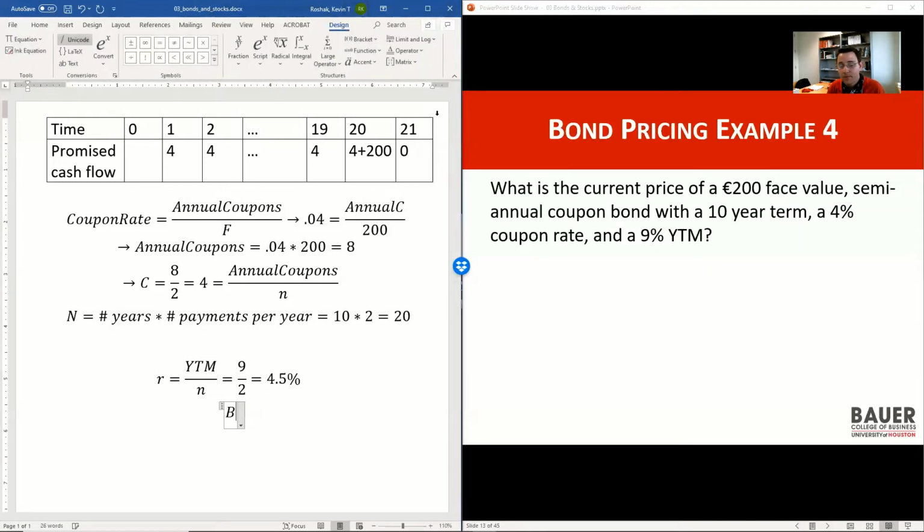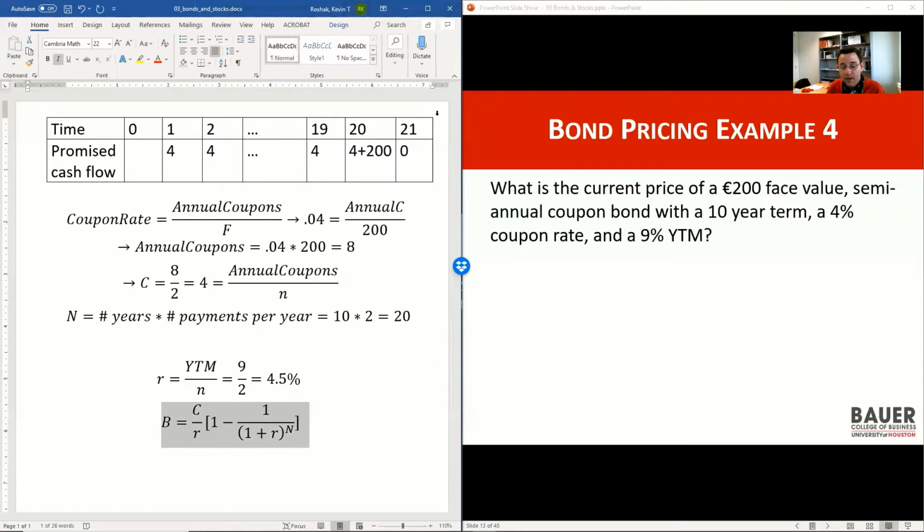Now we pull up the bond pricing formula. We know that the bond is going to be the present value of all the coupons. How do we value the coupons? So C divided by R, which in this case we're going to use 4.5%, times 1 minus 1 over 1 plus R raised to the N. So this first term is going to value all the coupons.